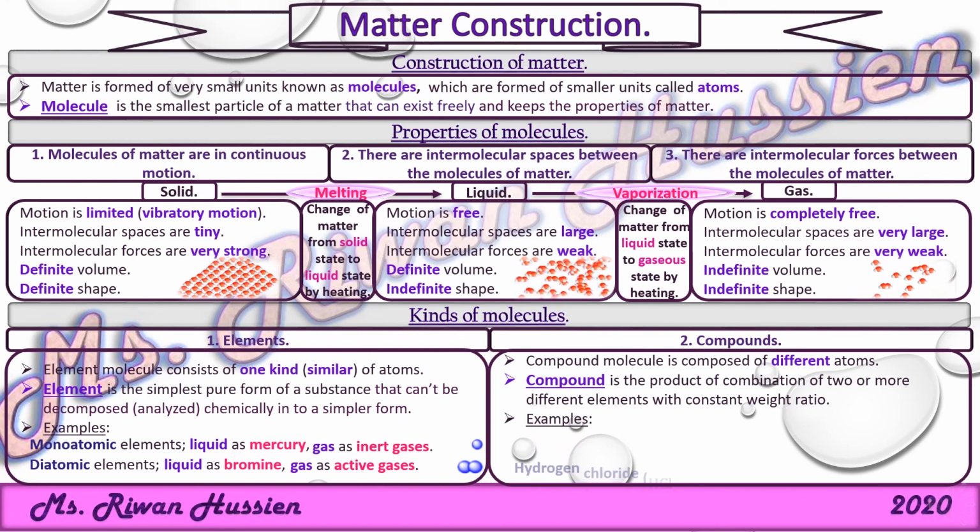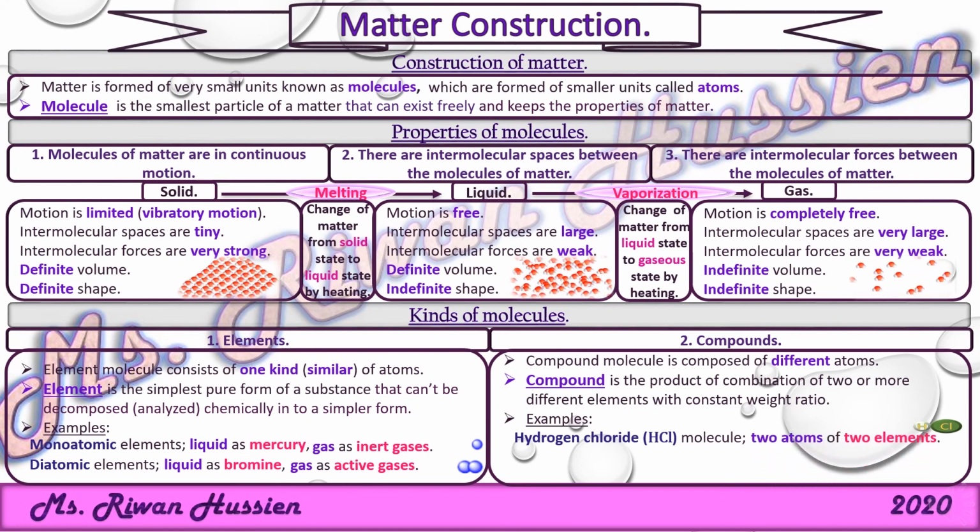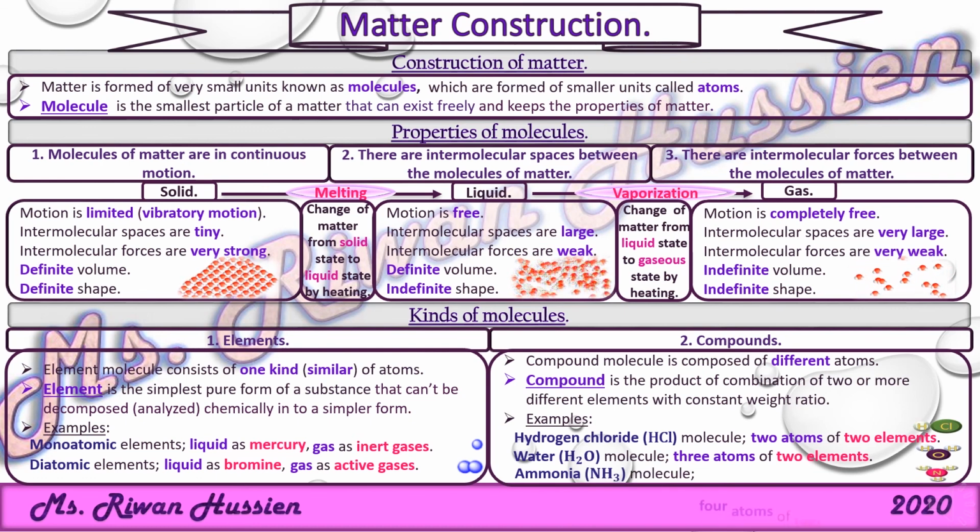Examples of compounds: hydrogen chloride molecule is a product of combination of two atoms of two different elements. Water molecule is a product of combination of three atoms of two different elements. Ammonia molecule is a product of combination of four atoms of two different elements.